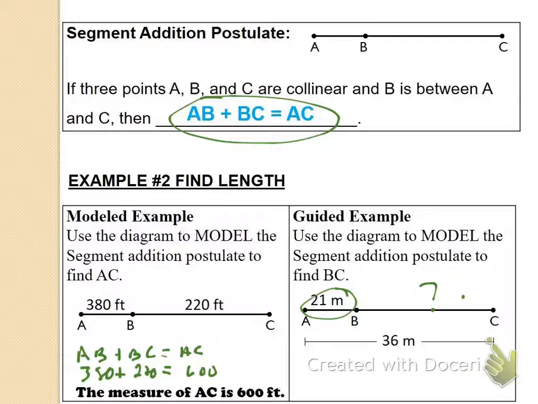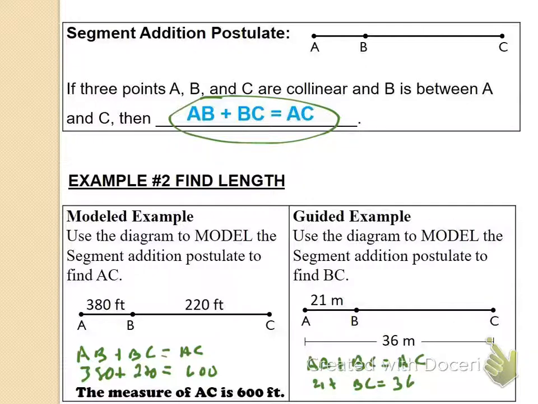Well, hopefully it seems obvious again that you're not going to simply add 21 and 36, right? You should see that you're going to have to subtract those. But again, you want to take some of the thought out of it, then just write out the segment addition postulate, fill in what you know, and we don't know BC.